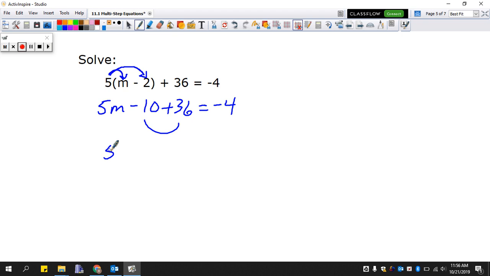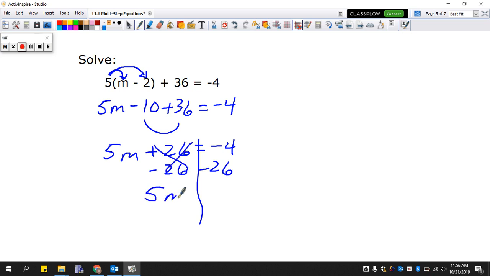The 5m is already by itself. So 5m plus negative 10 plus 36 is 26, is equal to negative 4. So we're going to go minus 26. We're going to split it. Minus 26, minus 26. The 26's cancel out. We're left with 5m is equal to negative 30. Divided by 5. And m is equal to negative 6.